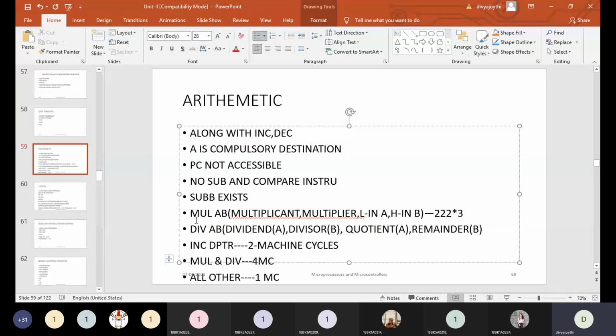So before the execution of this instruction, A will store the multiplicand and B will store the multiplier. I am repeating once again: before the execution of MUL AB, A will store the multiplicand and B will store the multiplier.